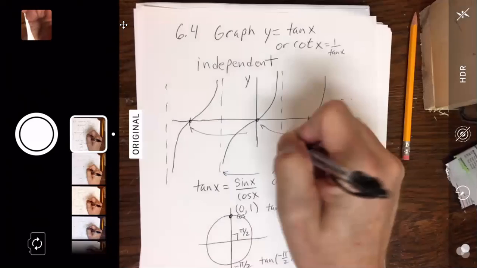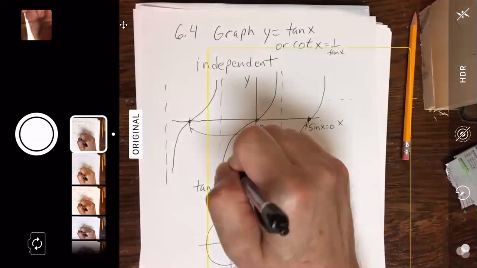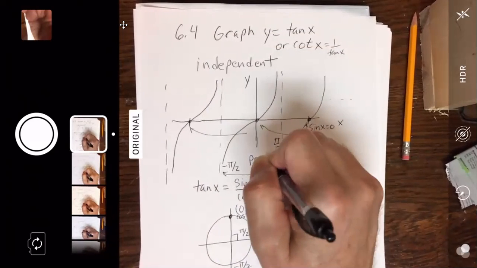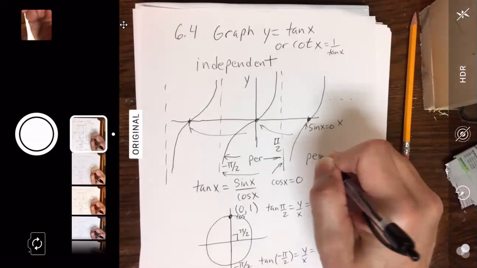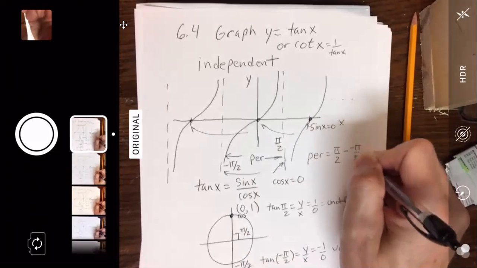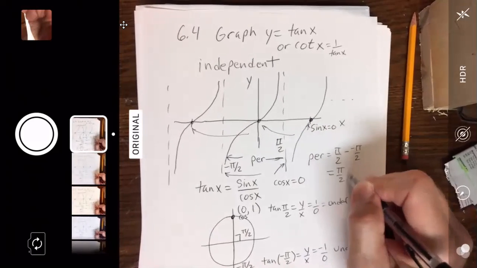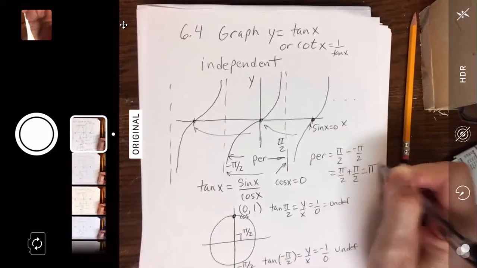So the first ones are pi over 2 and negative pi over 2. One period goes between these. It's the difference. Your period is pi over 2 subtract negative pi over 2, which is in effect pi over 2 add pi over 2, half pi add a half pi, you get pi.